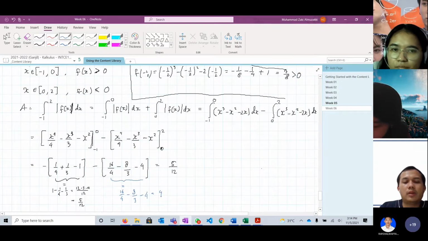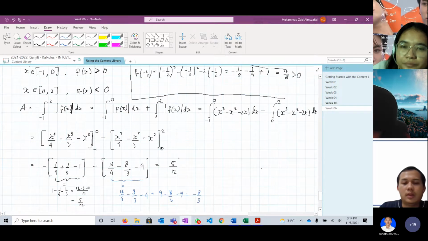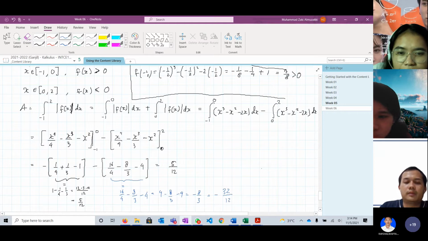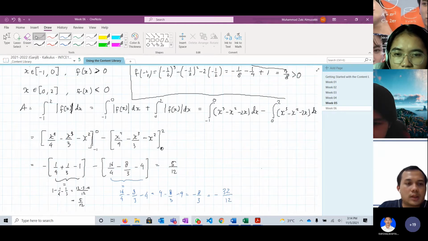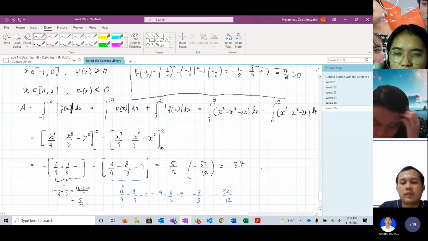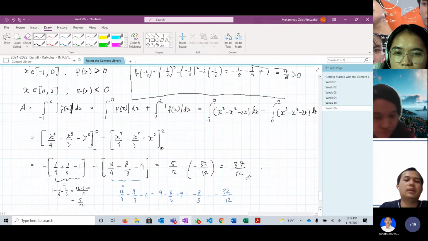So we have 4 minus 8/3 minus 4, which is minus 8/3. Or this is equal to minus 32/12. So in this case, indeed I made a mistake in the calculation. It should be minus 32/12. So here we have 37/12. Yeah, positive. This is correct.